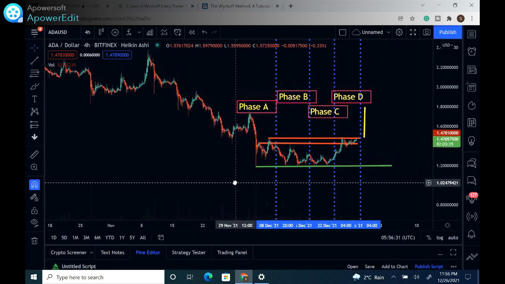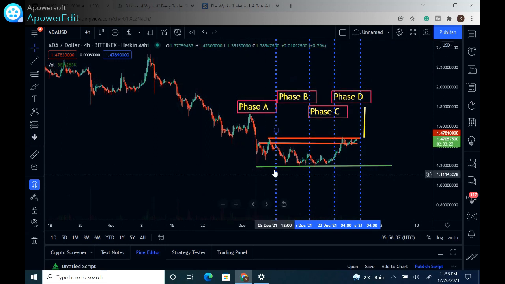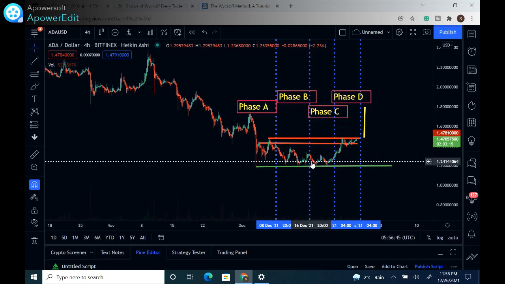And after reaching the selling climax, we have seen some accumulation period of Cardano.